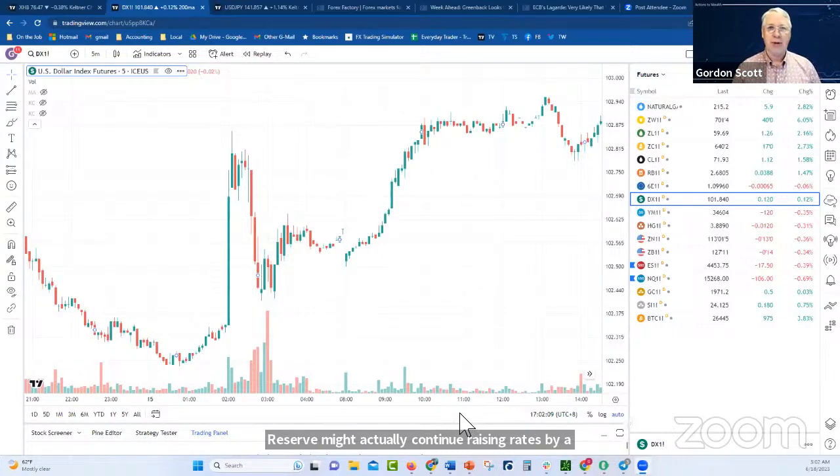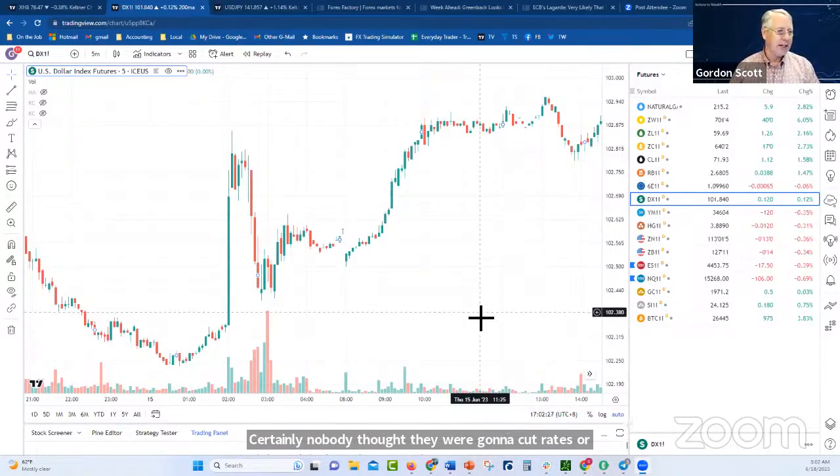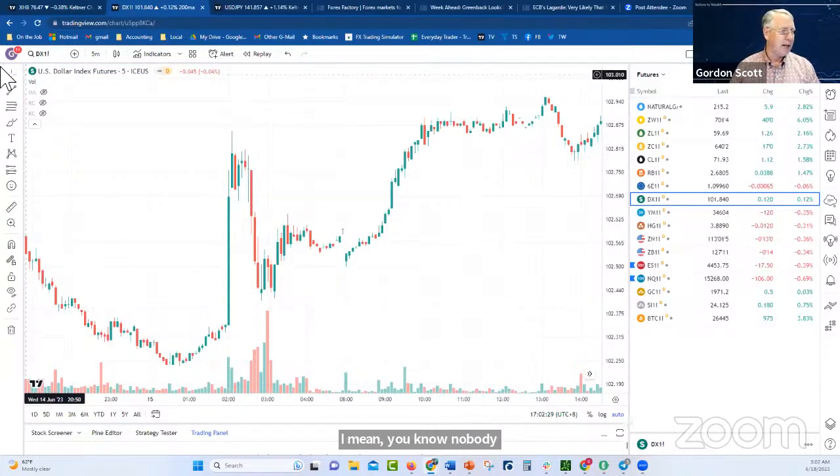Nobody expected them to raise a full half of a point, although there was a tiny bit of nervousness, like, who knows, these guys could be totally crazy. But the best case scenario was they weren't going to change. Certainly nobody thought they were going to cut rates. Nobody entertained that idea in a serious way.